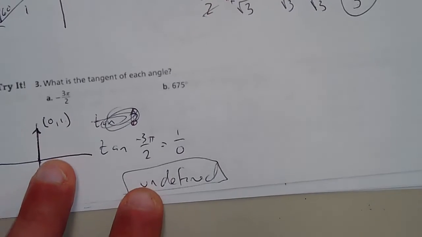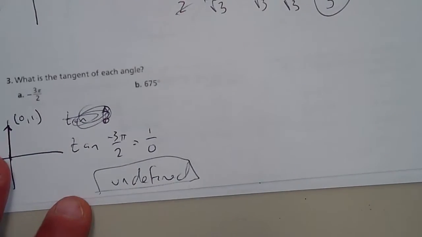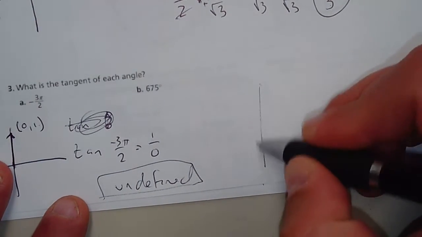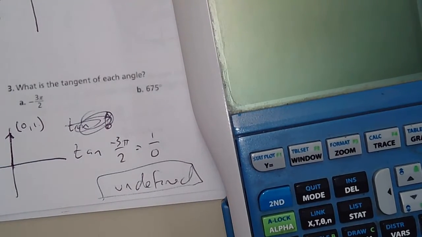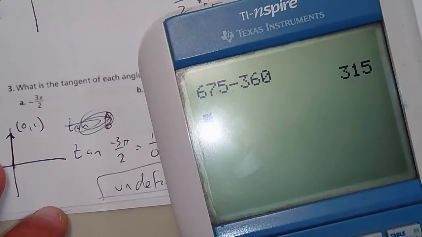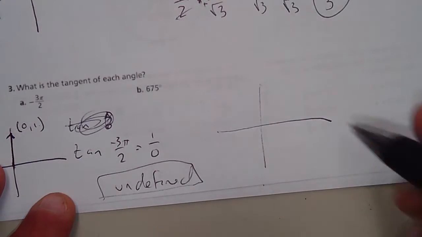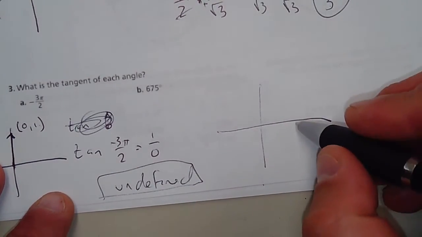All right. This one says 675. Okay. So what is 675? If you take away 360, that leaves you with 315. So 360 gets us all the way around, and then we need to do 315.